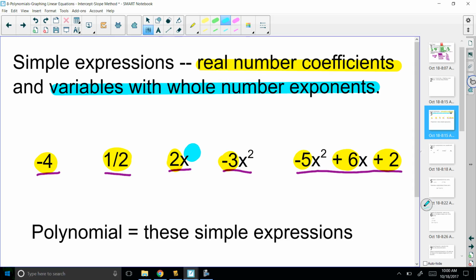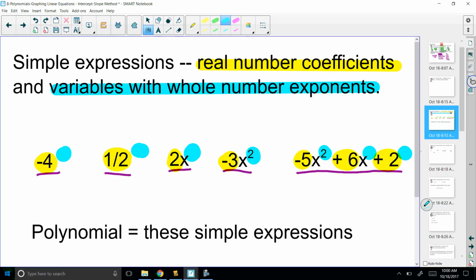What's that understood to be? If I just say x, it's understood to be to the first power. Is 1 a whole number? Yes. I look at the next example and my exponent is 2. If I look at this trinomial, I have exponents of 2, 1. And then what happens over here when I talk about just these whole numbers?